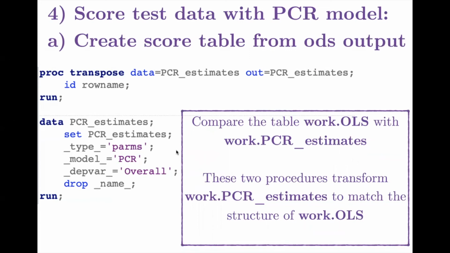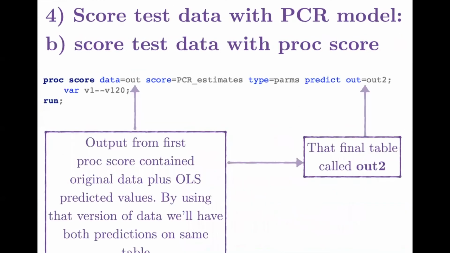So these two procedures just transform the PCR estimates so that it matches the structure of the output from proc reg, so that we can use it with proc score, which is what we do next.